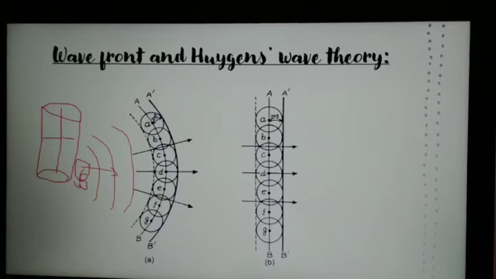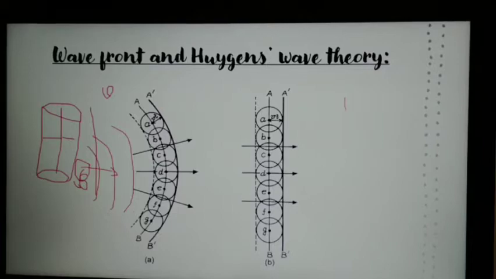For example, the cylindrical radius is increasing like that. As the light wave advances in a medium, the radius of the wavefront increases.